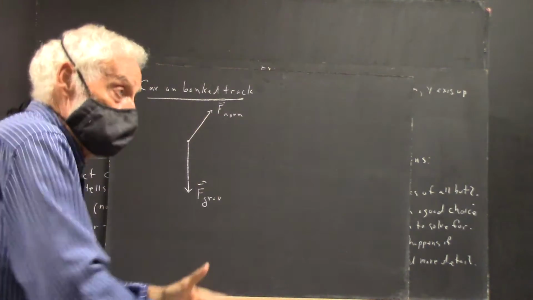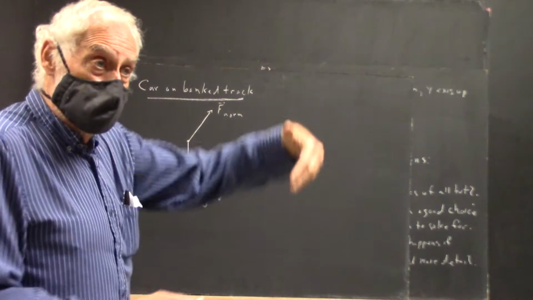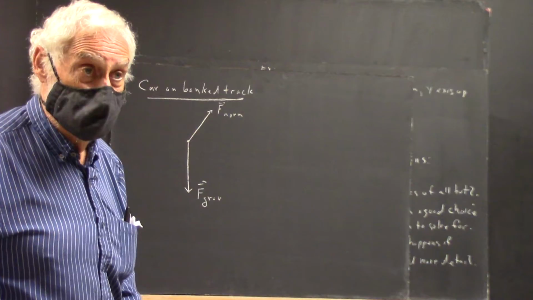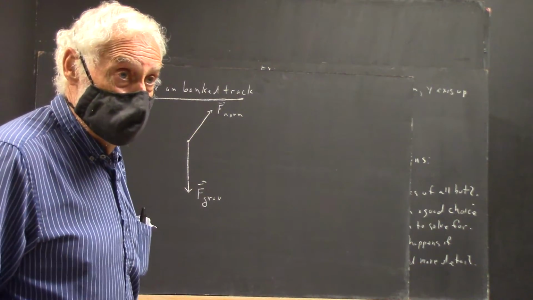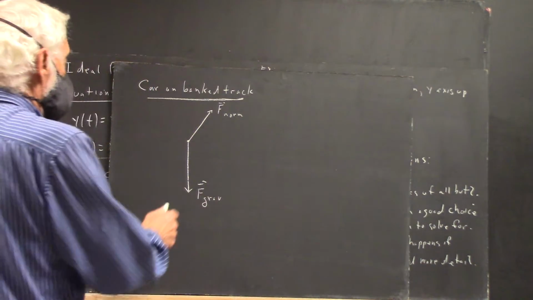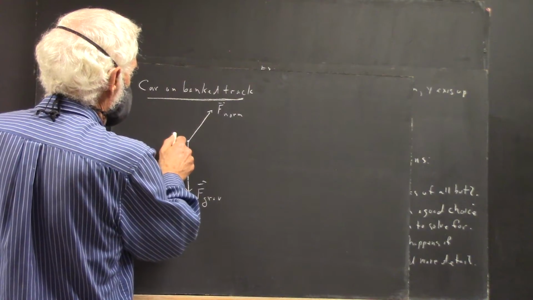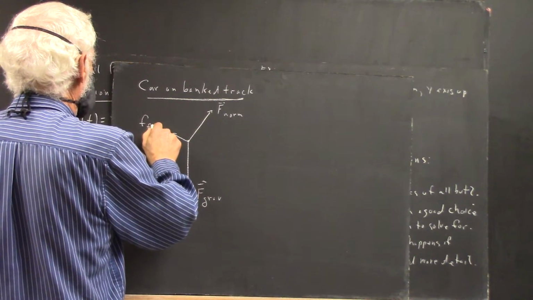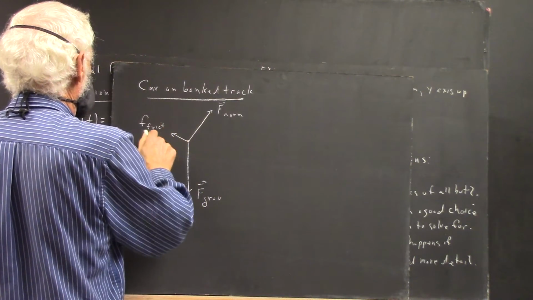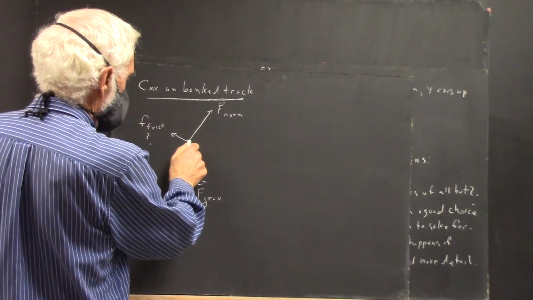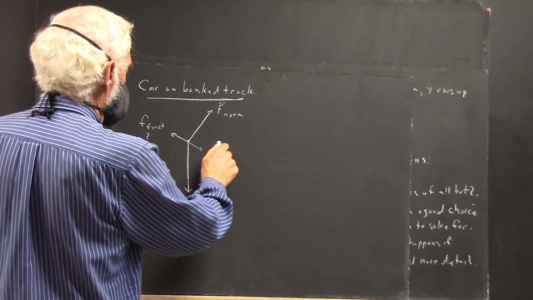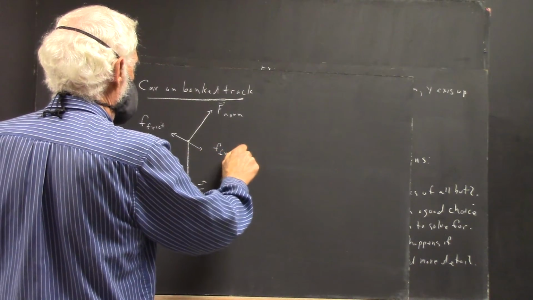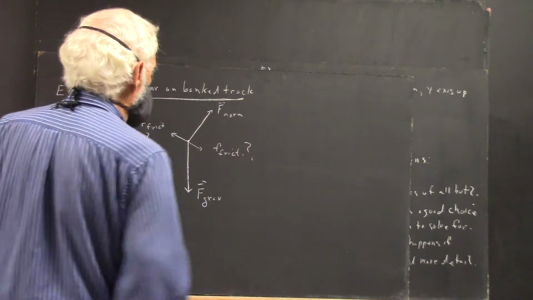If you're going too fast, you're going to slide up the incline. If you're going too slow, you're going to slide down the incline, right? So your frictional force could be here. Could be here.